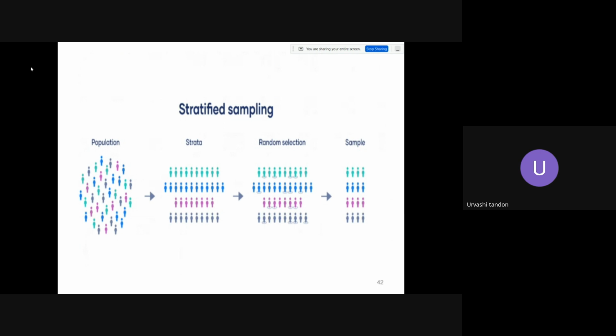You divide them into strata as per the colors, then you pick up randomly from there. Let's say from the first you picked up four, next is the blue, again you picked up four, then purple you again picked up four, and then four, four, four, four is your sample, right? So this is your stratified sampling. I hope it's clear.